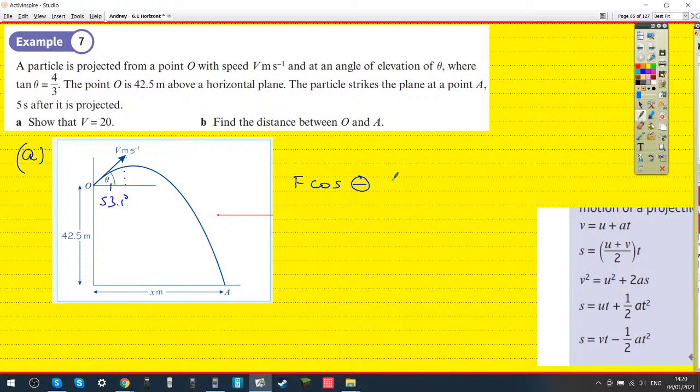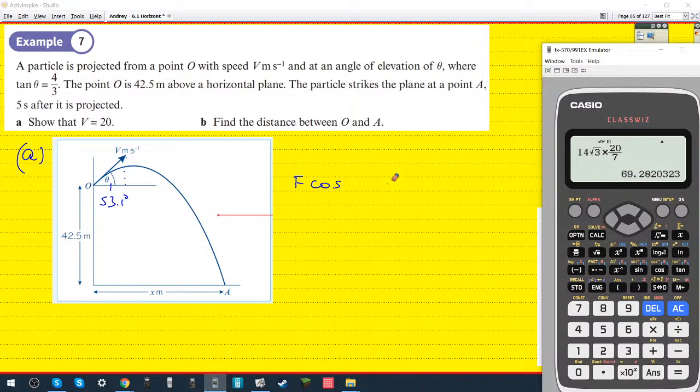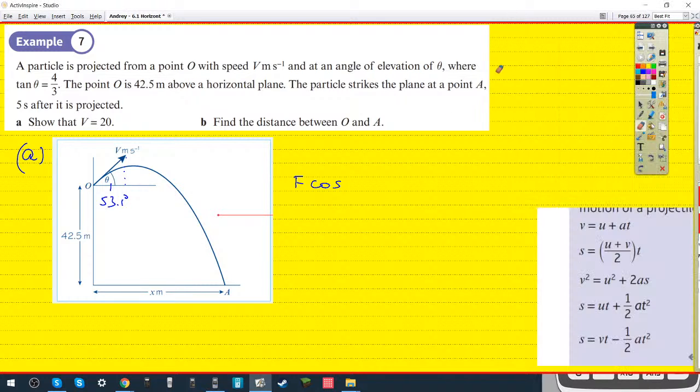The Pythagoras would give us phi. What is cos theta for this one? Cos 53.1. So 0.6. That's not bad. Yeah. That's 3/5. And the sine?